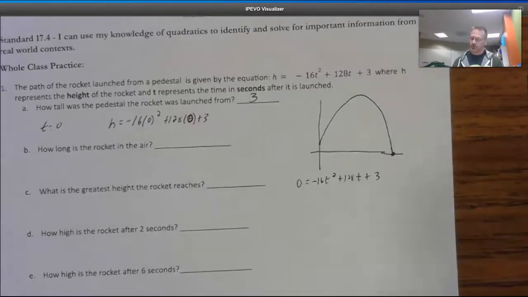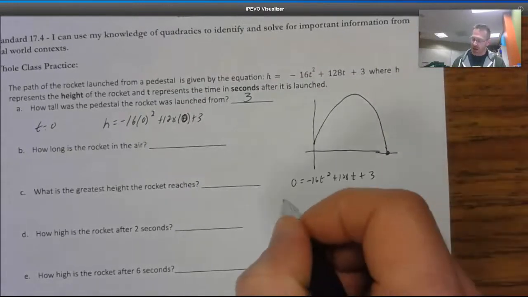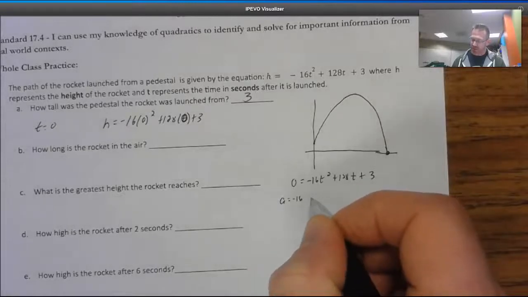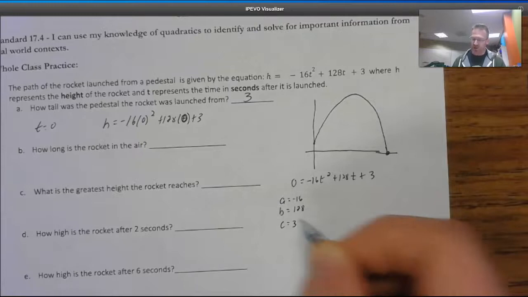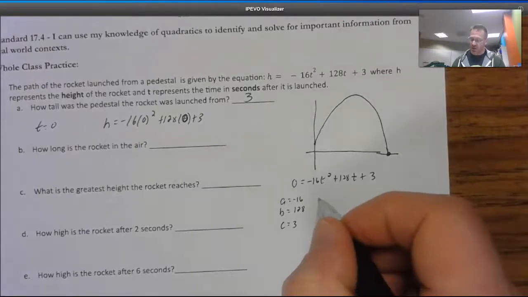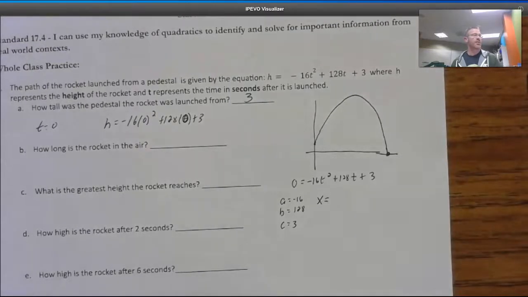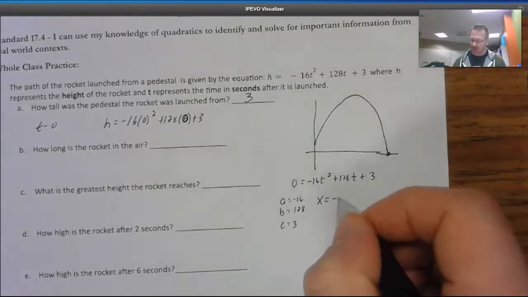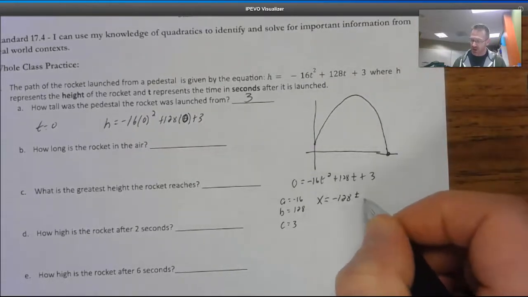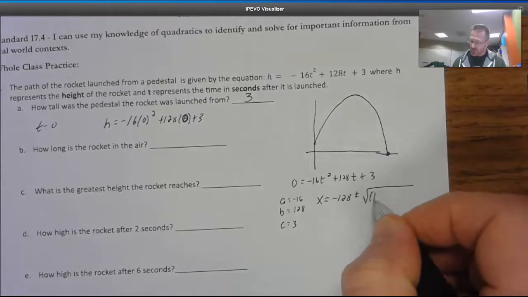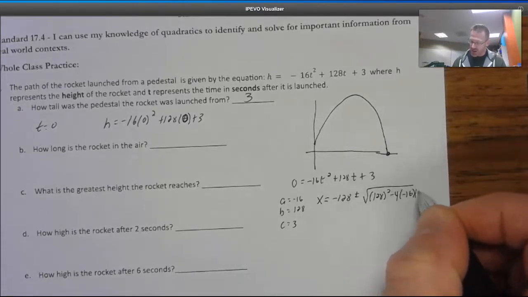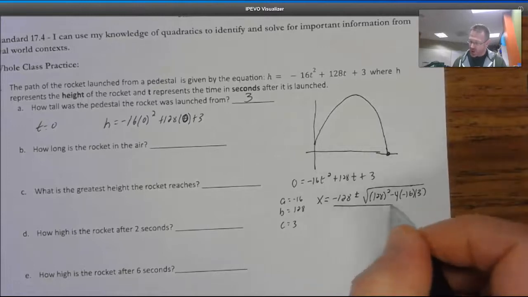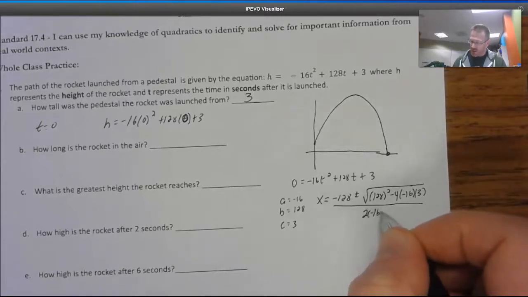If I look, a is negative 16, b is 128, and c is 3. So x equals, and remember, you should have the quadratic formula memorized here, the opposite of b, so negative 128 plus or minus the square root of b squared minus 4 times a times c, all over 2 times a.